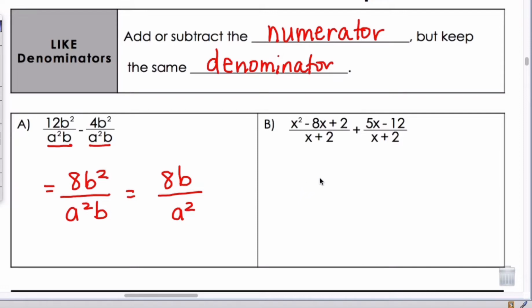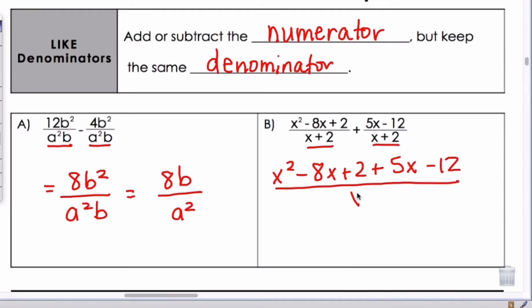Let's look at letter B, a little more complicated here. I have, again, x plus 2, they are the same, so I'm going to add the numerators. In this case, this was subtraction, now we're going to add. So I have x squared minus 8x plus 2 plus 5x minus 12 divided by x plus 2. Then I can simplify the numerator with my like terms, so I have x squared minus 3x minus 10 divided by x plus 2.